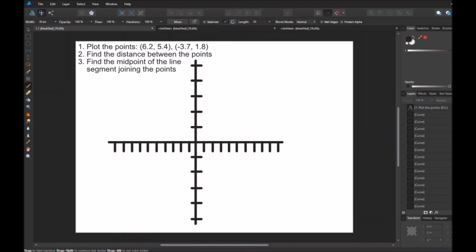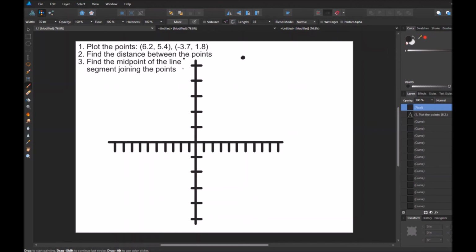So our first point is 6.2, 5.4, so we go over 6, right about here, and just a little bit more for point 2. And then we go up 5 and almost to the halfway point between where 5 and 6 would be, but just below that because it's 4. So right around there is where I'm ballparking it.